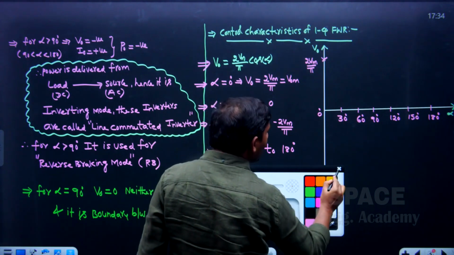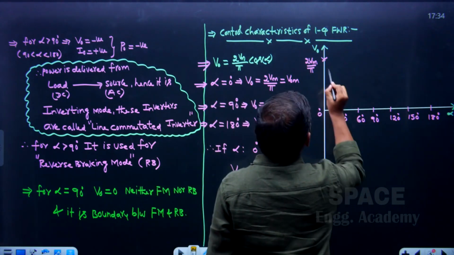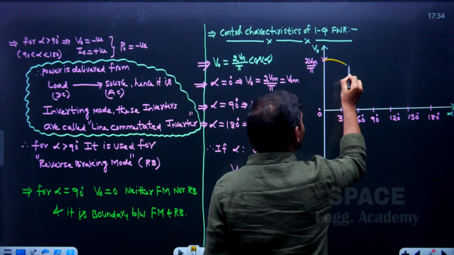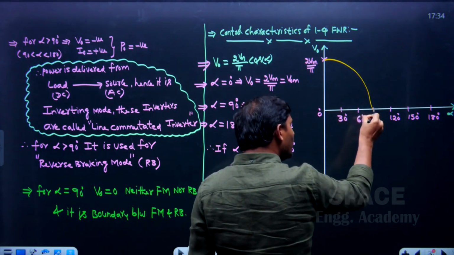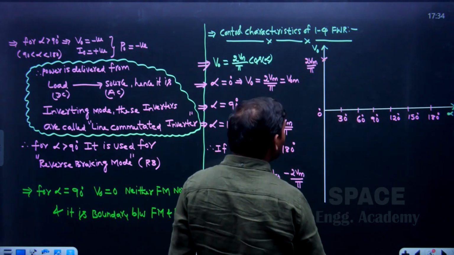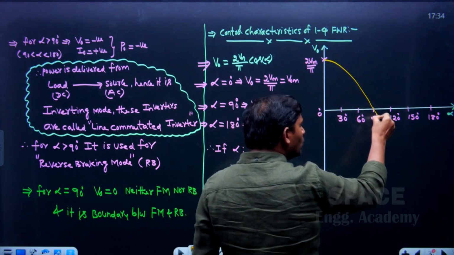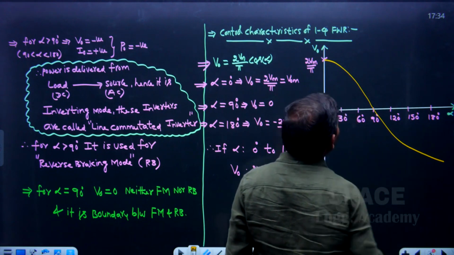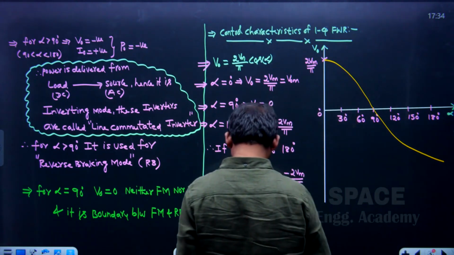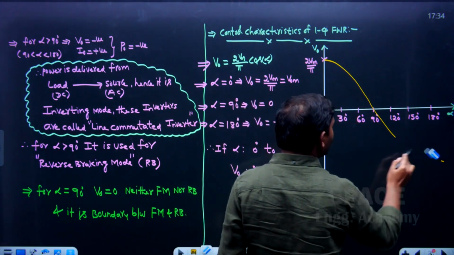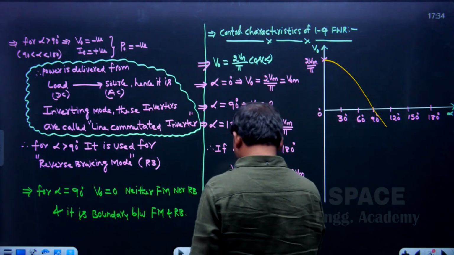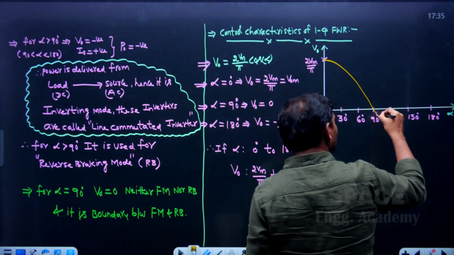Then here I am drawing the characteristics. It changes from 2 Vm by pi to minus 2 Vm by pi. Okay, these are the characteristics.